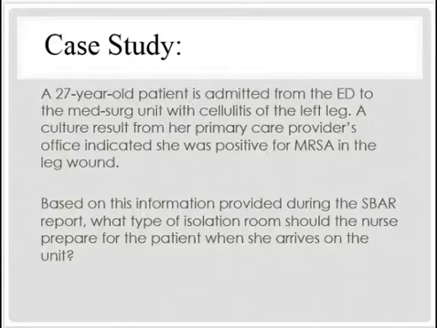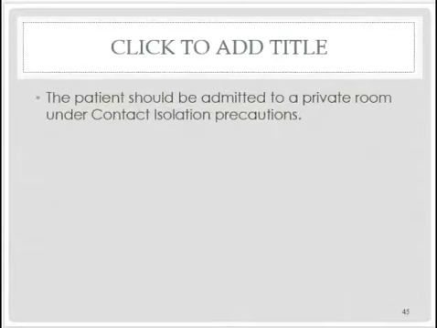Based on this information provided through the SBAR report, what type of isolation room should the nurse prepare when she arrives on the unit? The answer is this patient should be admitted to a private room under contact isolation precautions, or she can share a room with another patient who has MRSA.